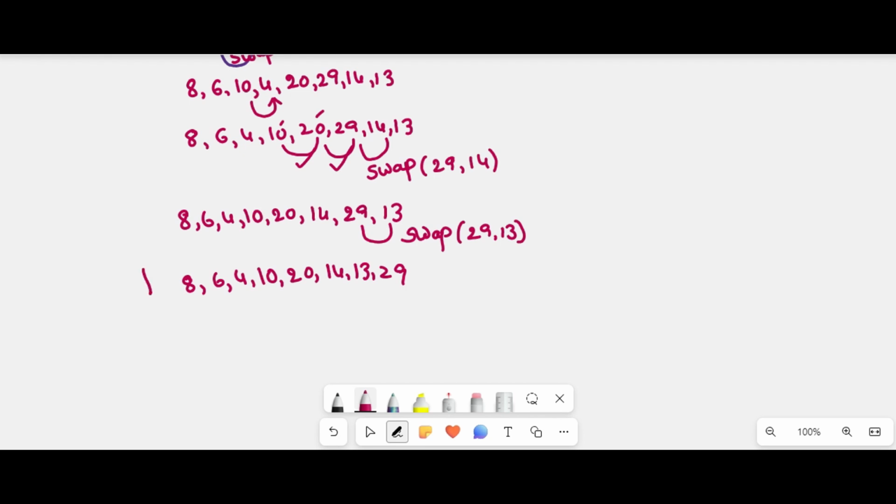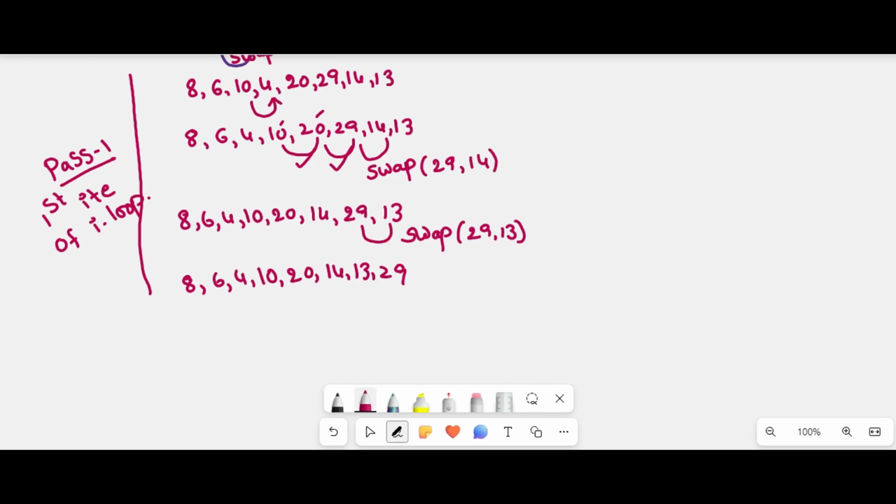All this that we have solved till now is called pass 1, or the first iteration of the i loop. We will discuss the implementation also, don't worry.